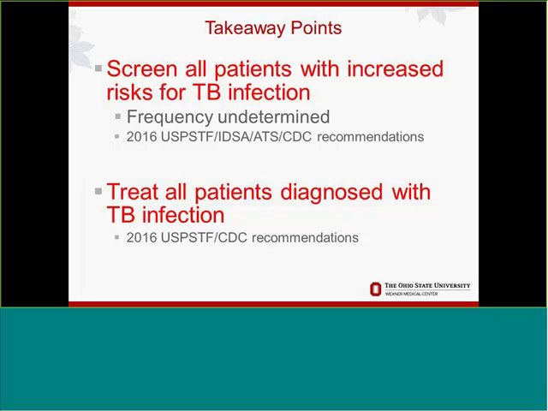From a screening perspective, this is going to be kind of broken into two components. The first component is going to be determining who we should screen, and that's based on certain risk factors. The second component is going to be how do we screen, and that's going to be based on patients' risk for progression to active tuberculosis, and so we'll walk through those steps.